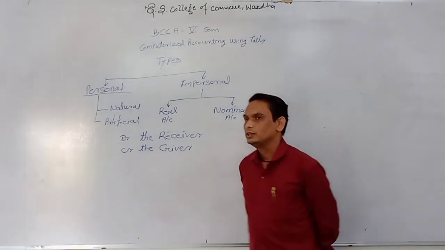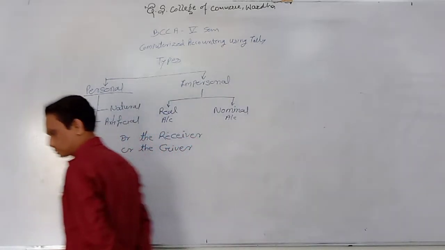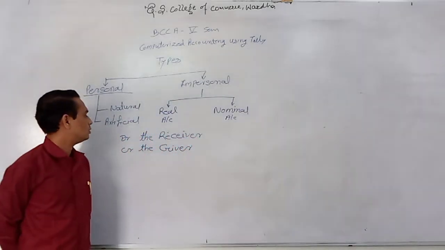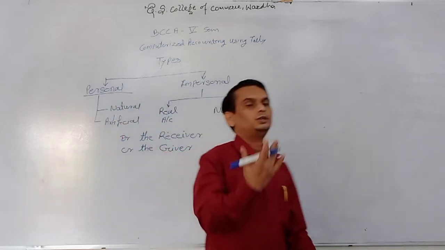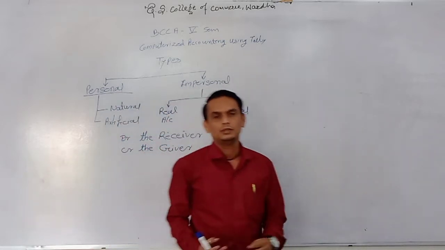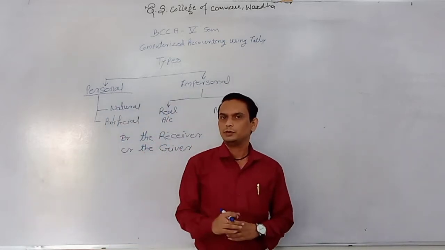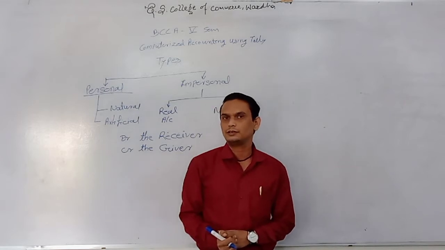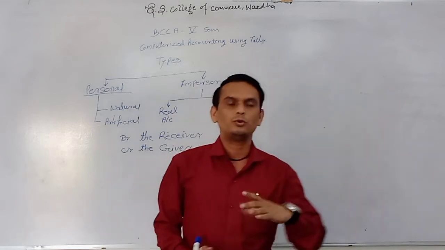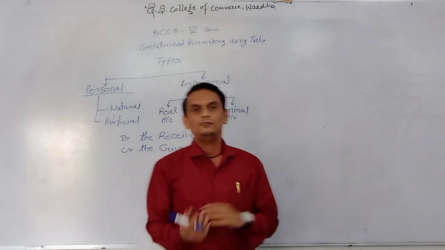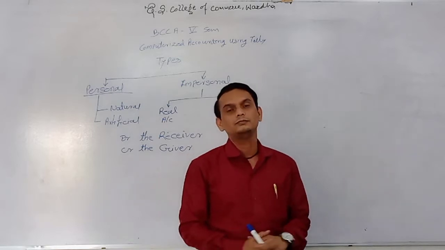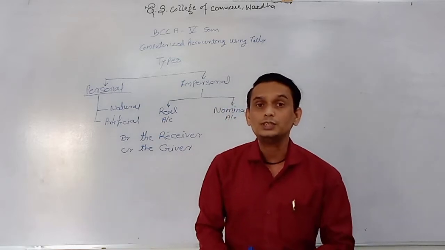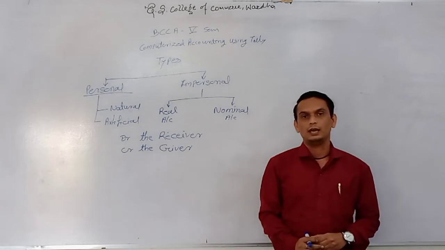Okay, if we have a transaction about a personal account, just like we paid money to some particular person, that time some value is provided to that person. So we are the giver and the other person is the receiver, and the receiver should always be debited.